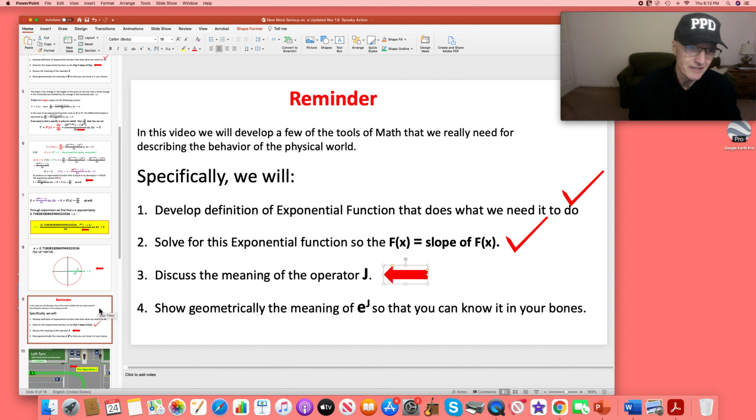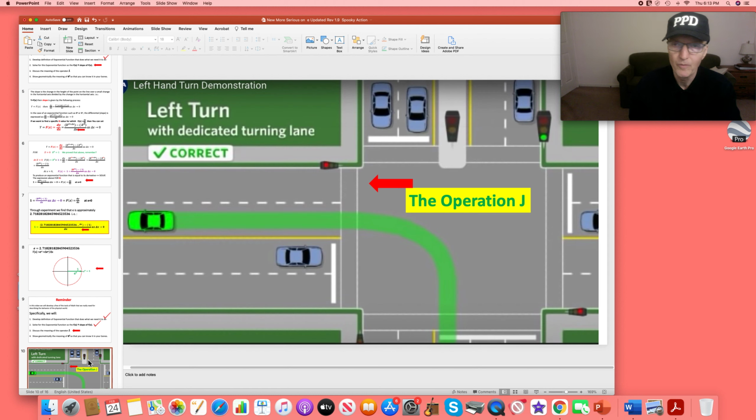Okay, so let's go and do number 3 here. So now, the operator J, what is that? Now when I was a student in school, I'm still a student, but a student of life. Actually, I probably learn more every day now, much more than ever, and I don't intend to stop that.